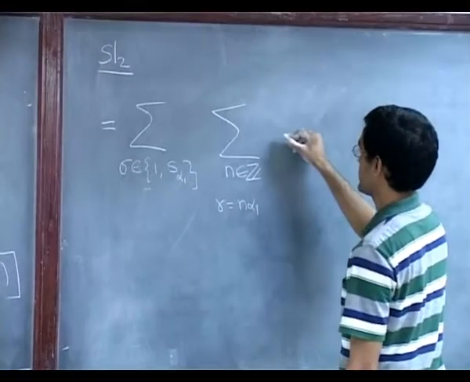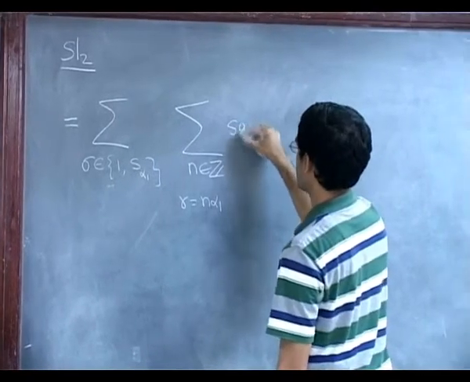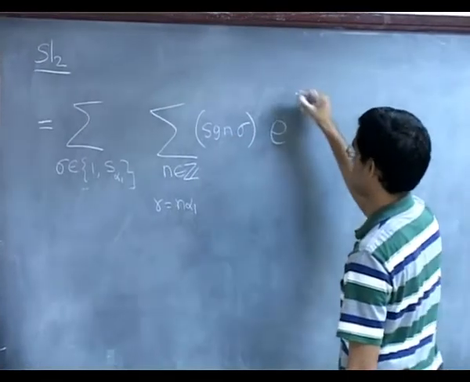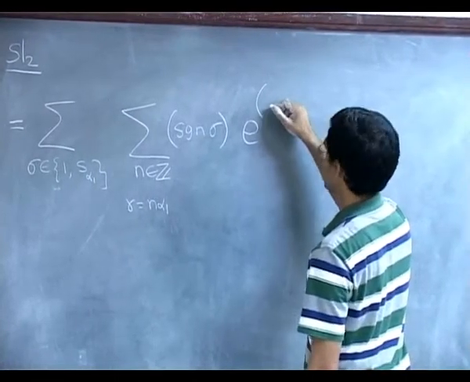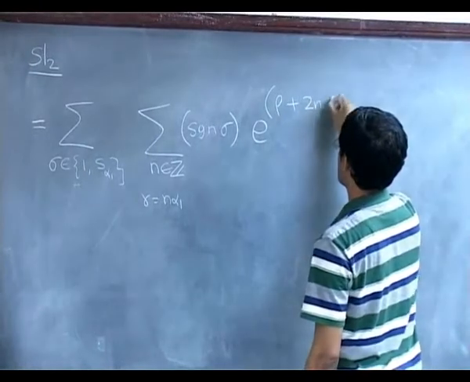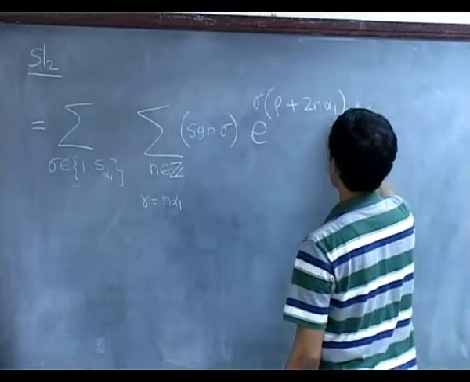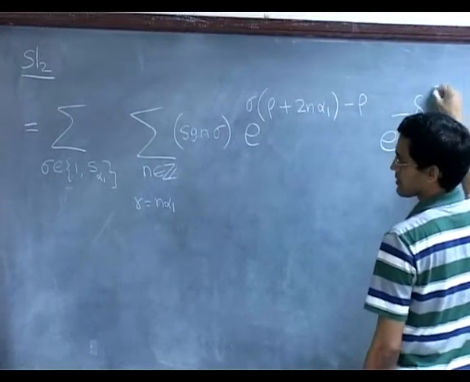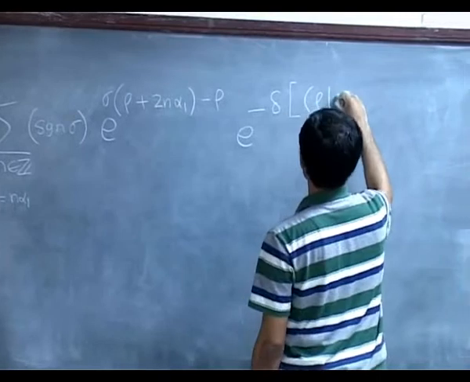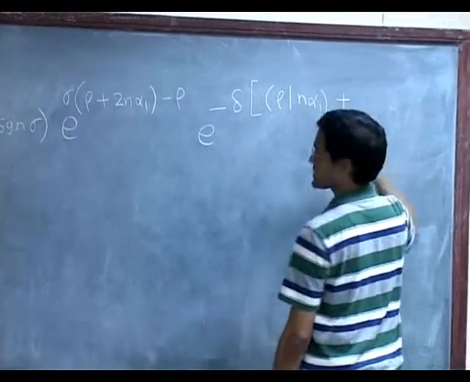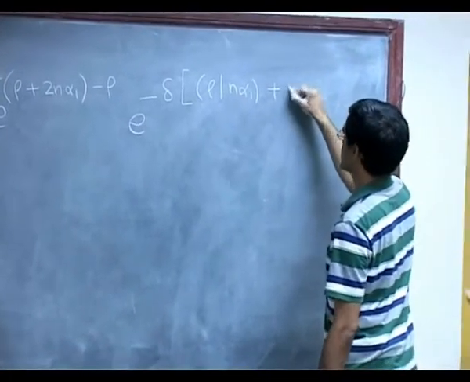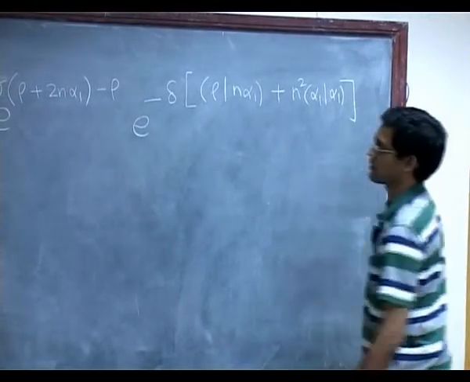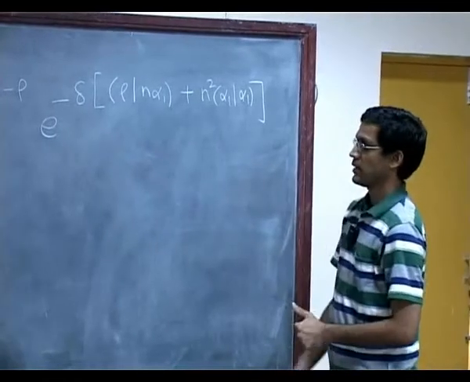So that is that lattice times the sine of sigma, of course, sine of sigma is plus or minus e to the, it is rho plus 2n alpha 1, sigma of that minus rho, e to the minus delta, rho times n alpha 1 plus gamma gamma, which is n square times alpha 1 alpha 1. Okay, that is what we get.